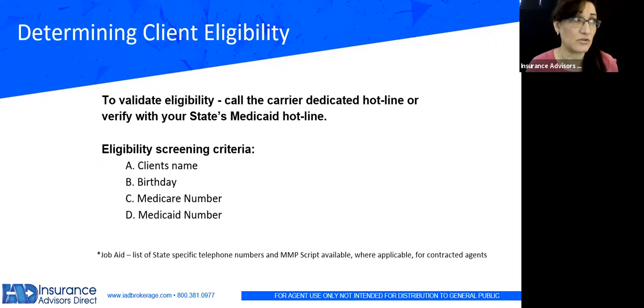The information you'll need to find out what level they are on will be their name, date of birth, and their Medicare and Medicaid numbers. Usually they will let you know when you're on that call what level they're on. And if they're on that MMP, you can call the number with the member. So just keep that in mind. You can be on that call with them.